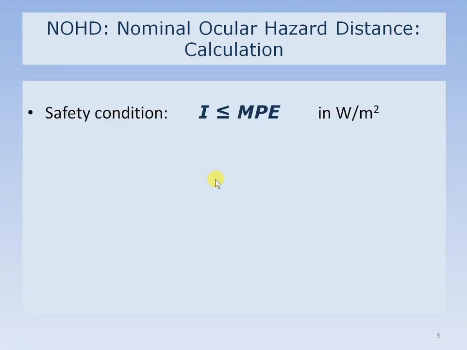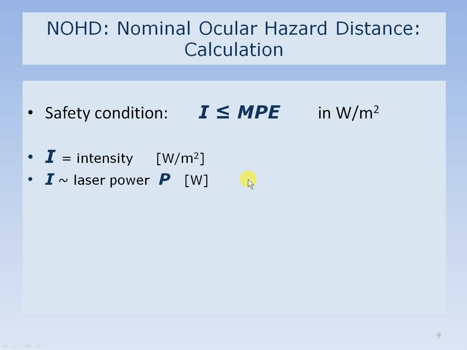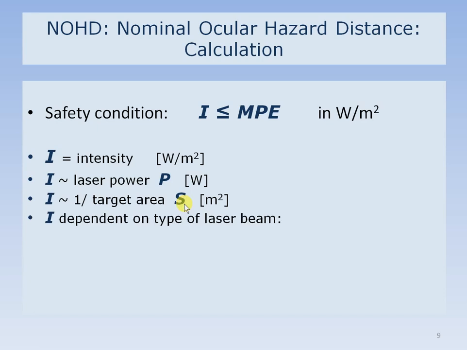The calculation. The safety condition is that the intensity must be smaller than the maximum permissible exposure. E is the intensity, I is proportional to the laser power, of course, and I is 1 over the target area in square meters, and I will be dependent on the type of laser beam, and that's expressed in the profile correlation factor.